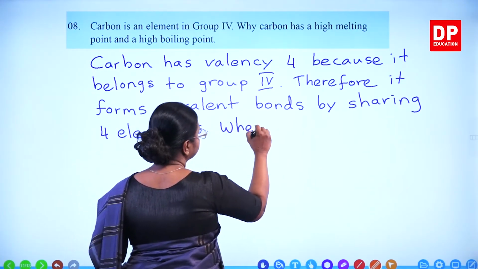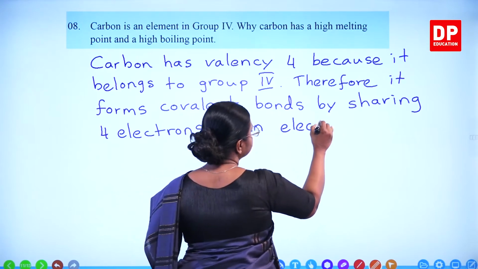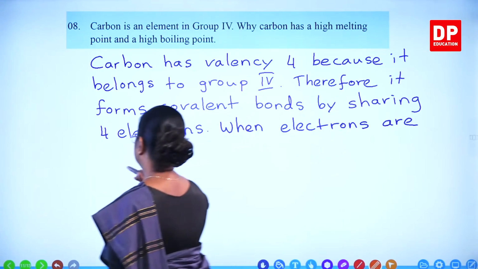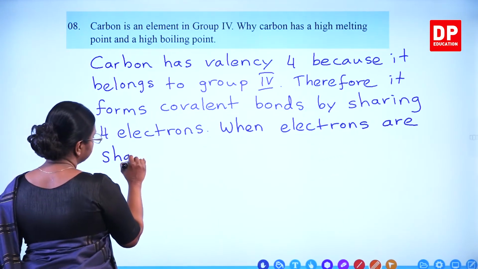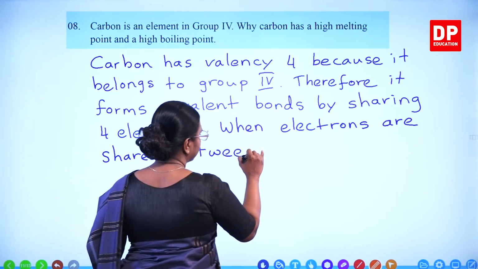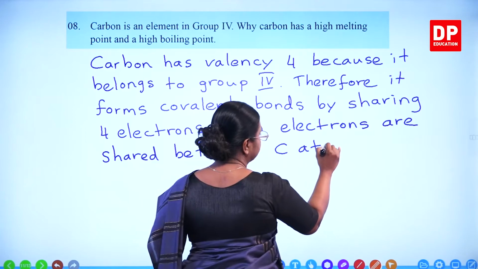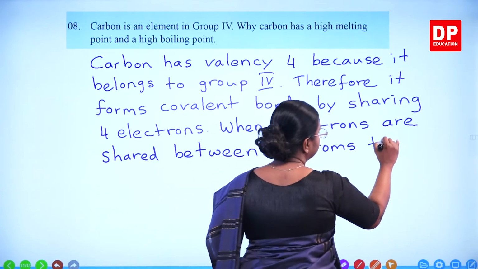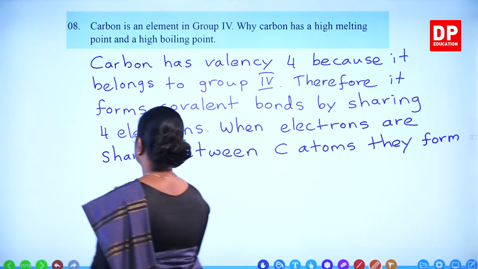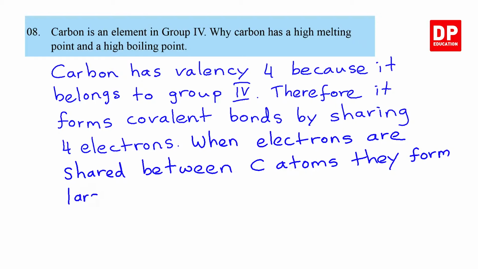When electrons are shared between carbon atoms, they form large atomic lattice.